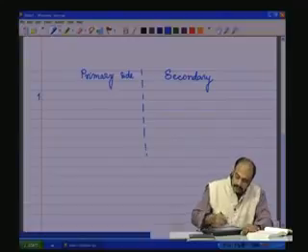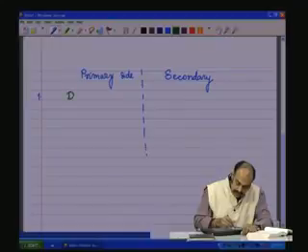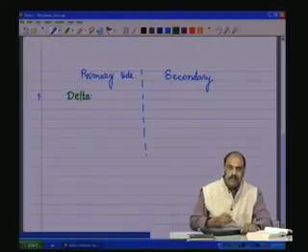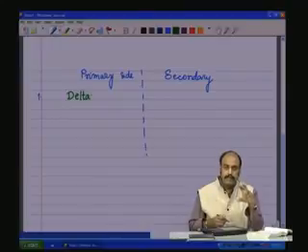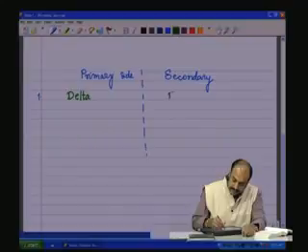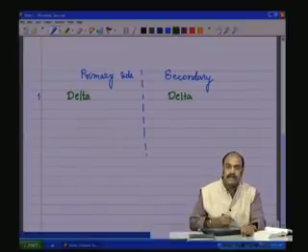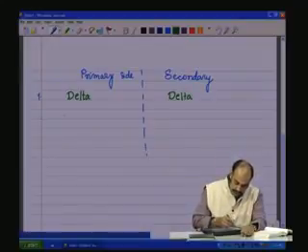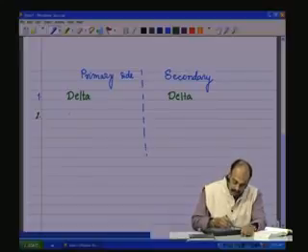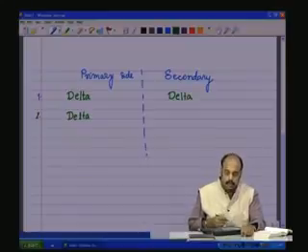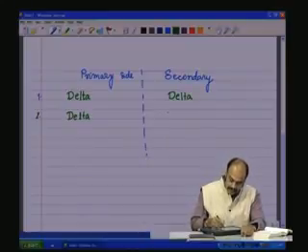So, first we could have on the primary side delta, that is all the three coils AP, BP, CP are connected in a delta fashion, and the secondary AS, BS, CS are also connected in delta topology. And then we can have the primary connected in the delta topology, and the secondary connected as star.